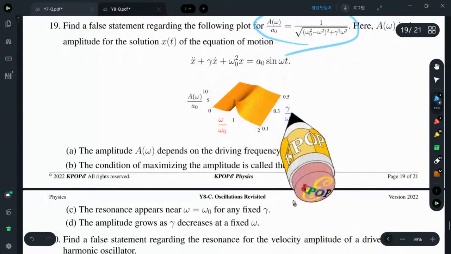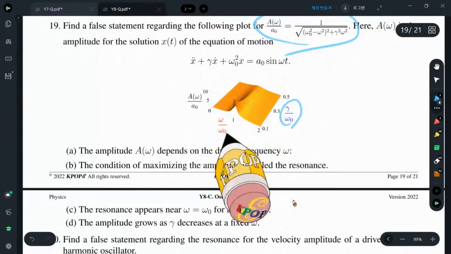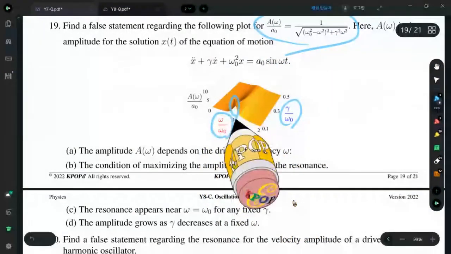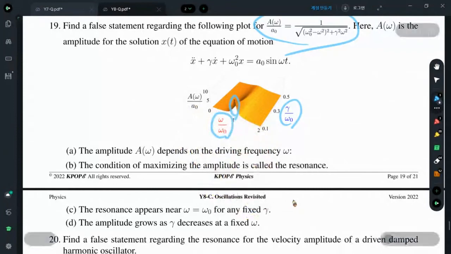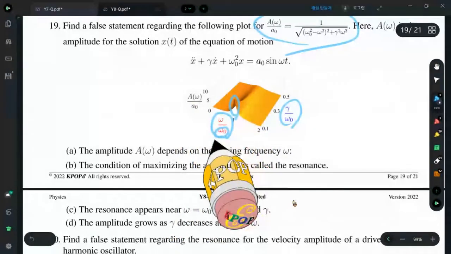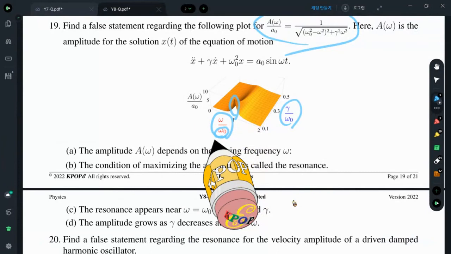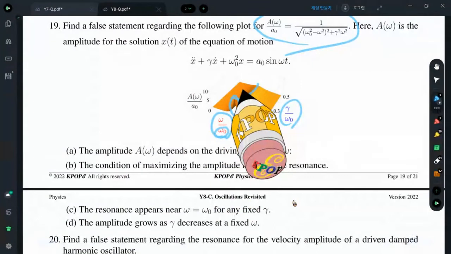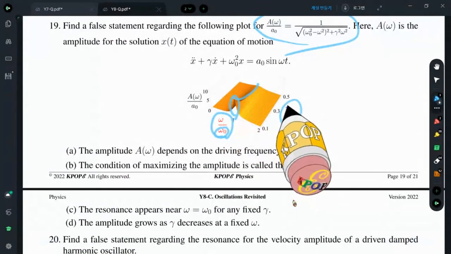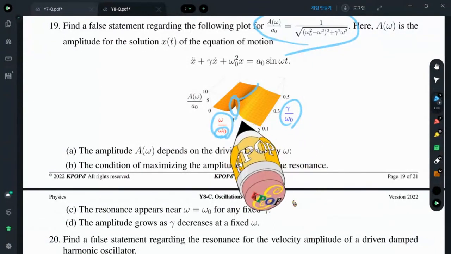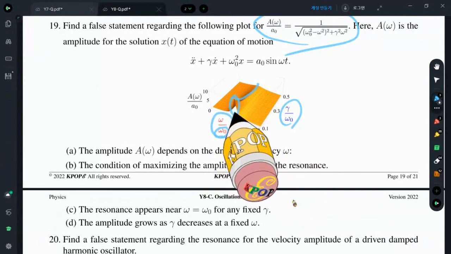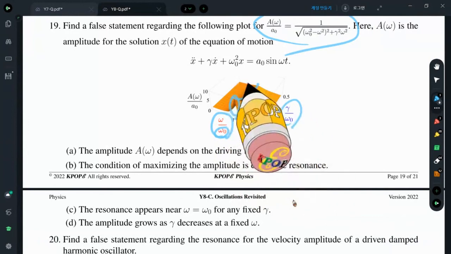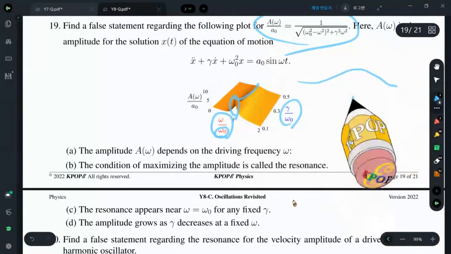And we notice that varying gamma, and omega is the driving frequency, we have a sharp increase of the amplitude at a certain value that is very near to the frequency of the simple harmonic oscillator. This is called the resonance. And as gamma becomes smaller and smaller, this peak of the resonance becomes sharper and sharper. If gamma is very large, the peak is very broad. It is sharp.